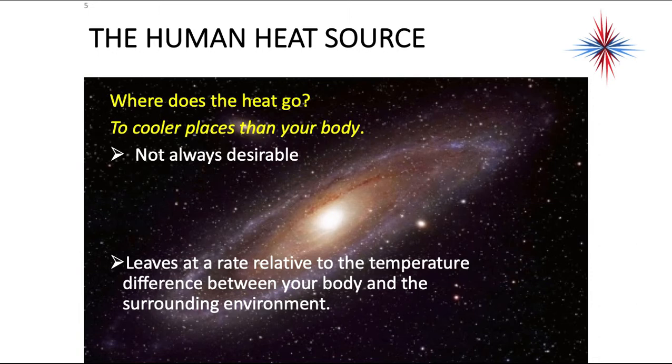Your body will have a certain rate of heat loss. If I lower the temperature of the surrounding area to, let's say, 30 degrees, all of a sudden the heat that is leaving your body is going to leave at a faster rate because of that temperature difference. So it leaves at a rate that's relative to the temperature difference between your body and the surrounding environment.